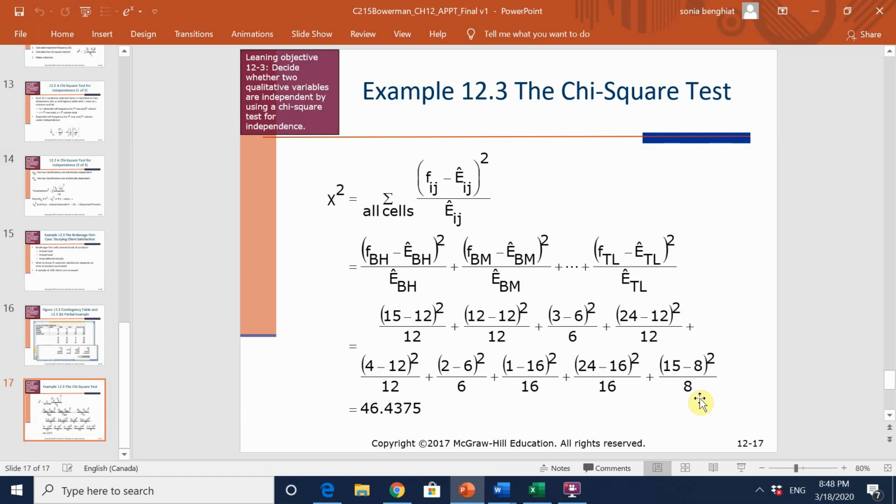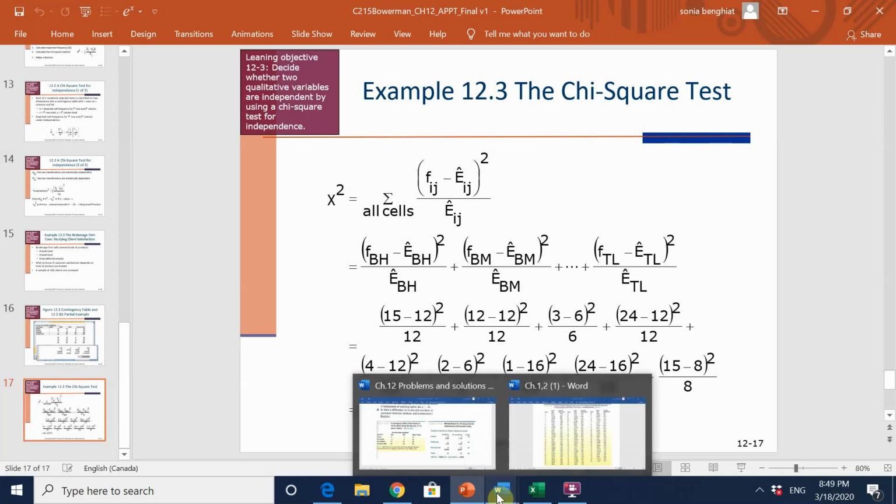That would be the expected value for cell 3, 3. So this gives me a chi-square of 46.4375. The idea over here is that if I'm going to use the critical value rule, then I want to make sure that the test statistic chi-square will be greater than the critical value.